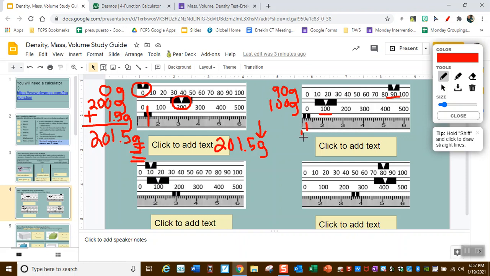So this is the number 1, this is the number 2, so it's between 1 and 2. So this is 1.2 grams. Again, you add those numbers up, use a calculator if you need to, and your answer is 191.2 grams, okay? Write this answer here, okay? Escriben esta respuesta aquí.